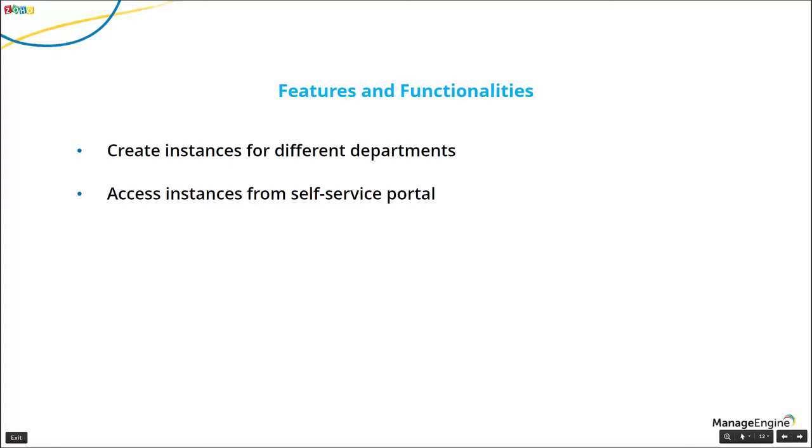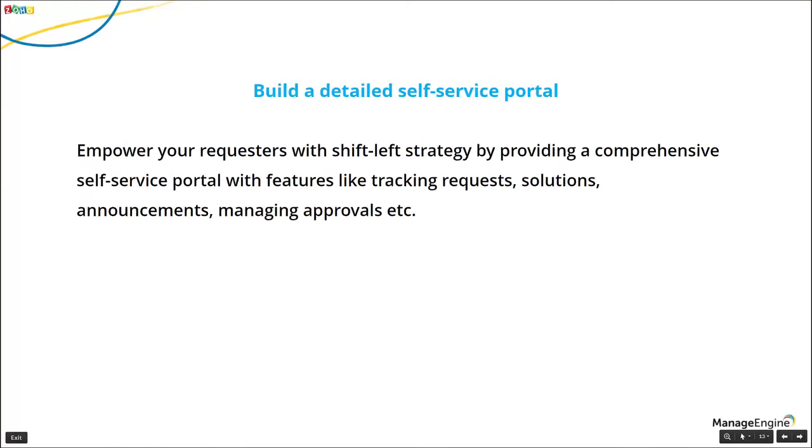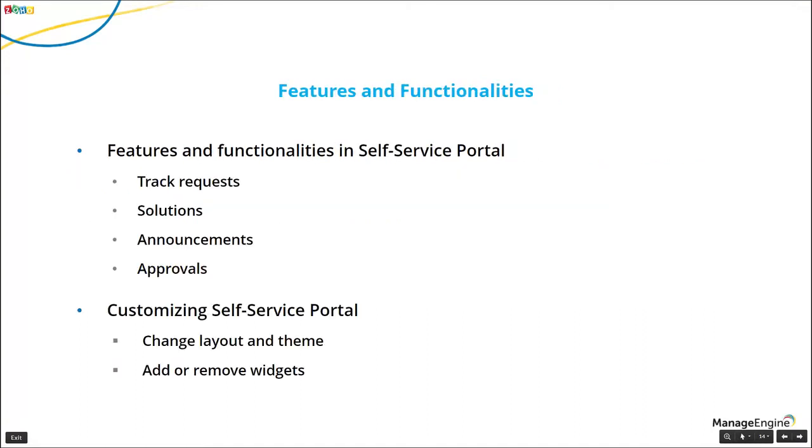Now we saw the various departments that were there, and which instances can be easily accessed from the self-service portal by your end user. And of course, how you can build a detailed self-service portal in which you're able to track your requests, your solutions, your announcements. And these are merely features which I will be showing to you in a minute.